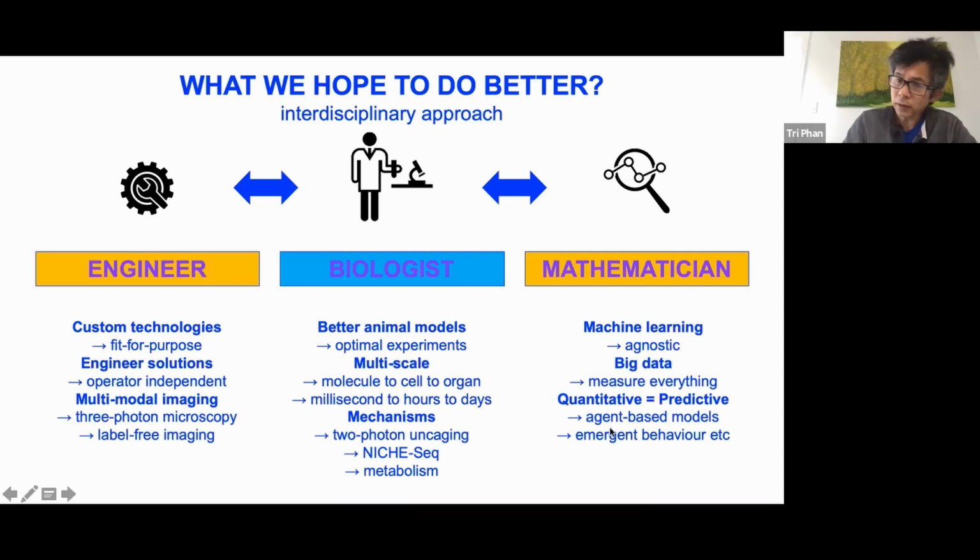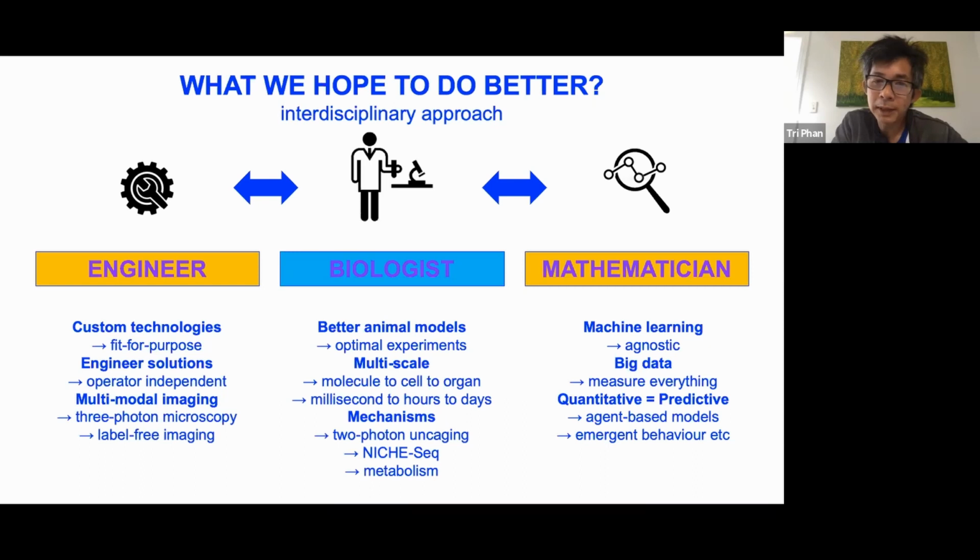On the computational side, we really need to get more involved with people who can provide skills and capabilities for us to take more agnostic approaches that can use all the data, not just be blinkered in looking at the things that we're looking for. That might incorporate not just the imaging data, but all the metadata and additional data surrounding it. So you have a multimodal integrated big data approach.